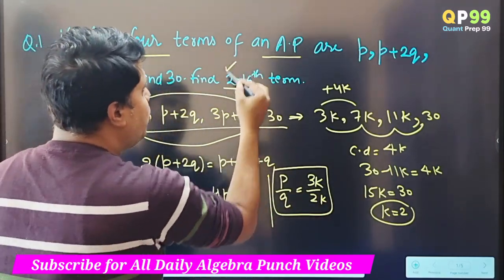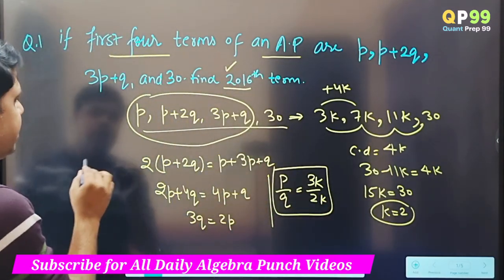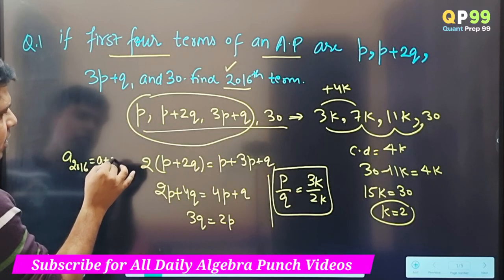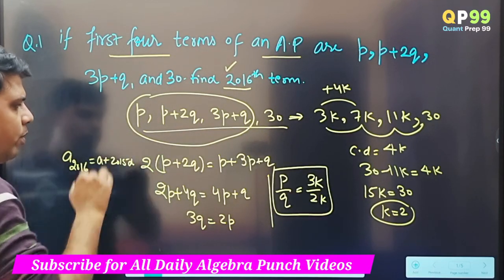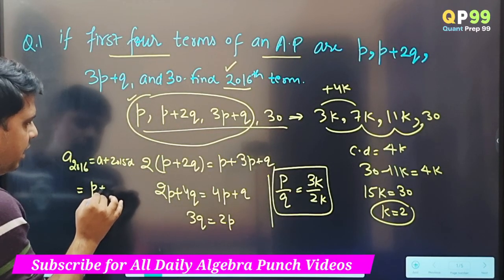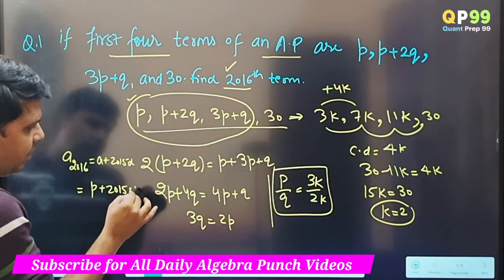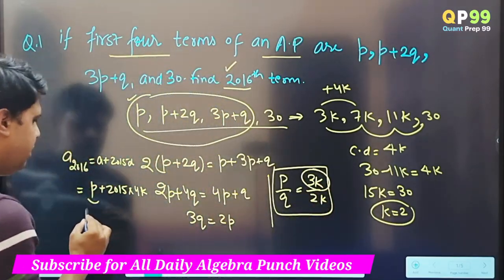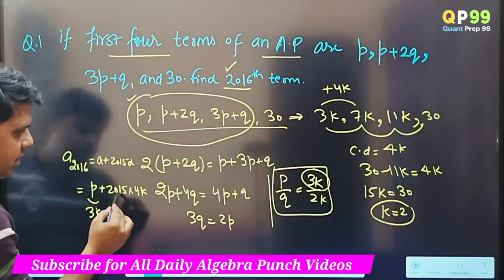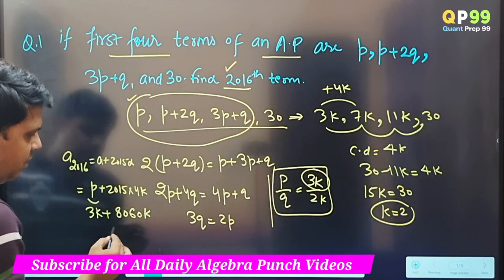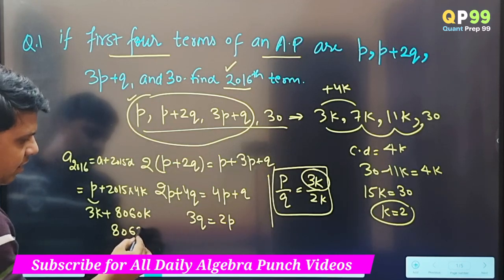Now we have to find the 2016th term, right? The 2016th term will be A plus 2015 times the common difference. A is the first term, that is P, and the common difference is 4 times K. Now P is actually thrice of K, so this is 3K plus 8060K, so this is 8063K.